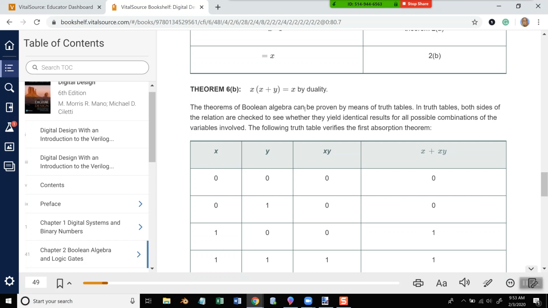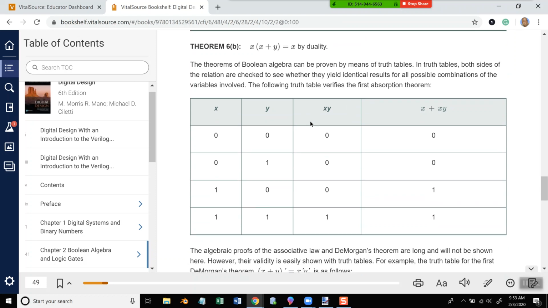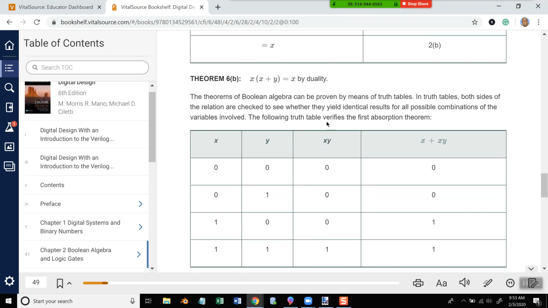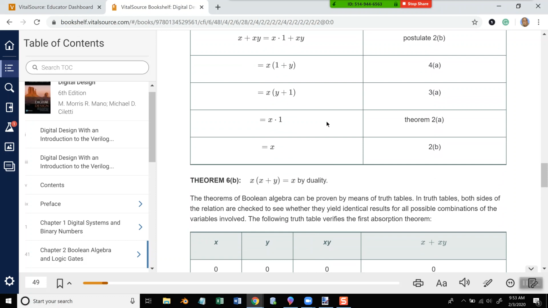It says the theorems of Boolean algebra can be proved by means of truth tables. In truth tables, both sides of the relation are checked to see whether they yield identical results. So if you go through here, and let me actually show that.